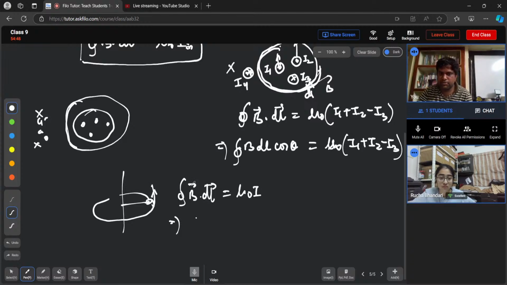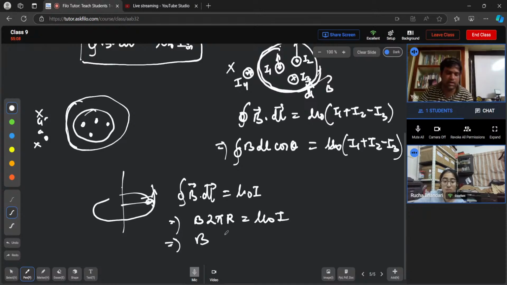Since the circle has circumference 2 pi r, B times 2 pi r equals mu naught I, so B equals mu naught I by 2 pi r.